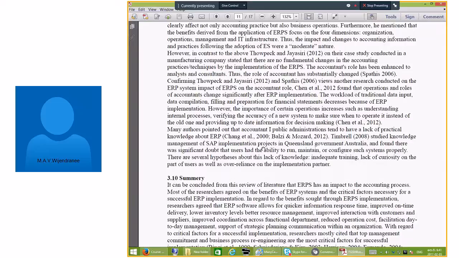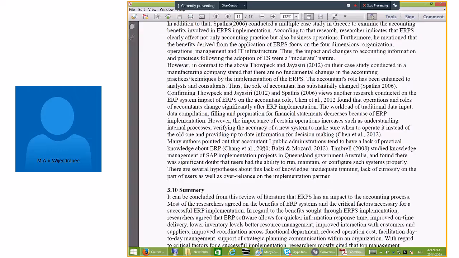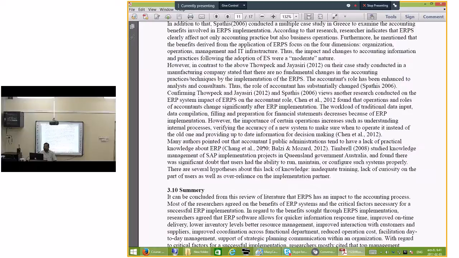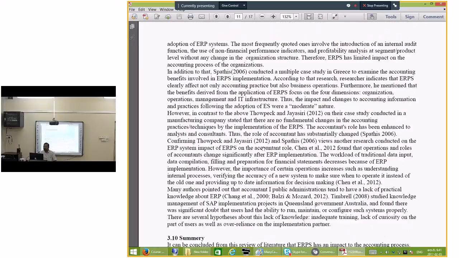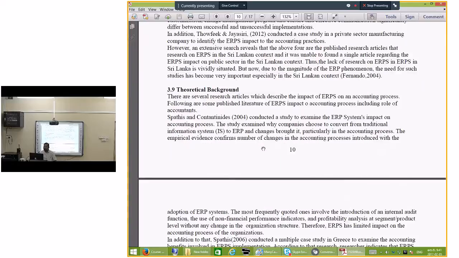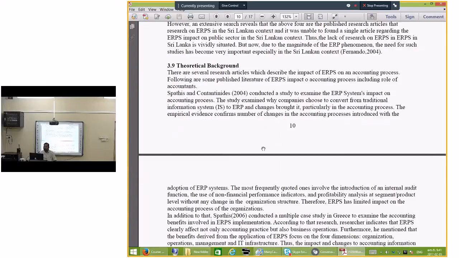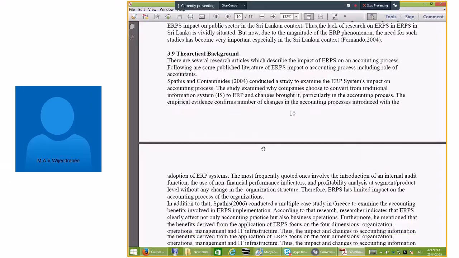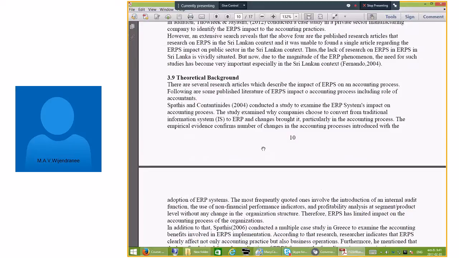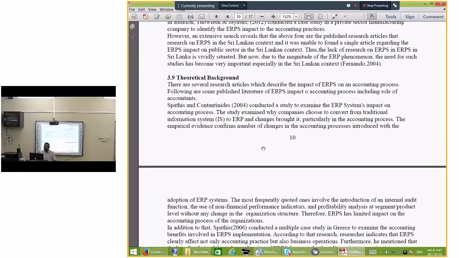Then what variables do you check for the first one? What is your first main variable? Changes in accounting practices. What aspect, what criteria do you check?